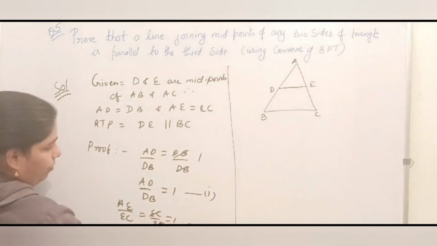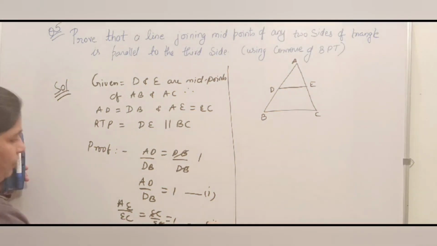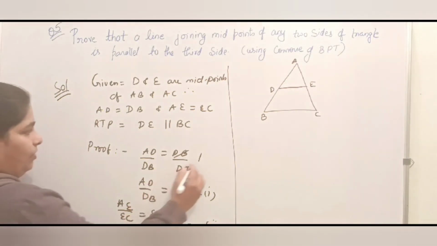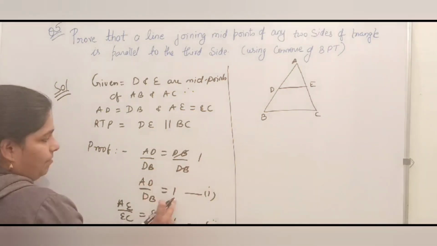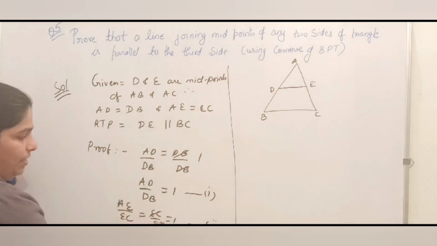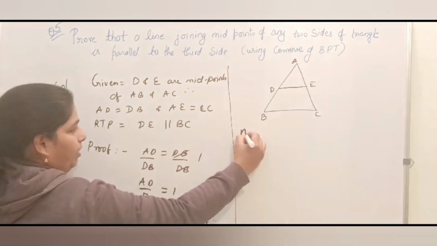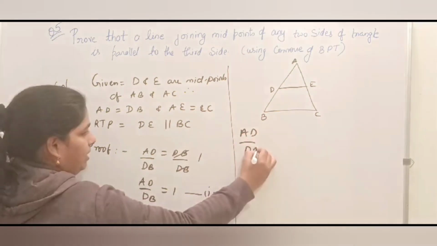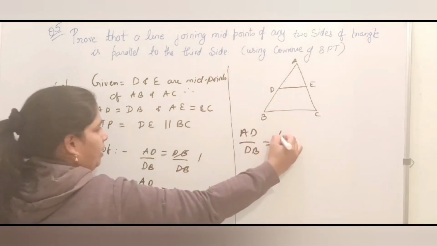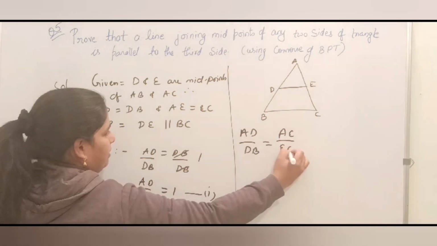It will also be equal to 1. It is my second equation. Now from the first and second equation, I have AD by DB is equal to 1 and AE by EC is also equal to 1. Therefore, AD by DB is equal to AE by EC.